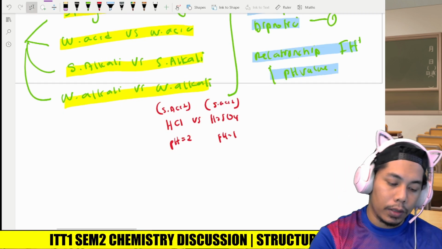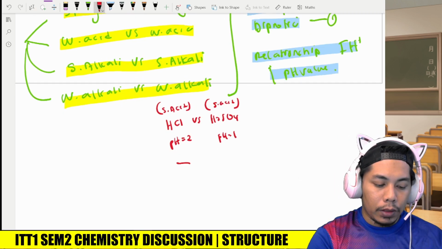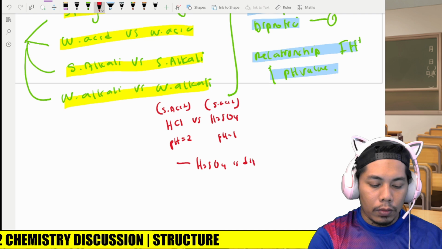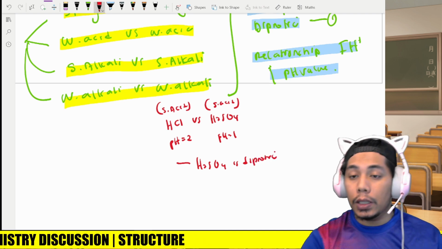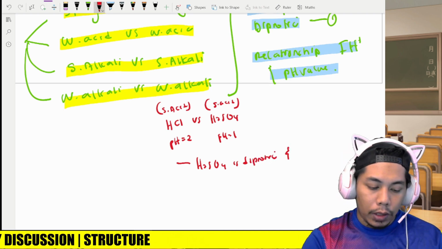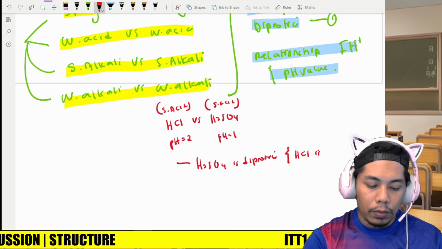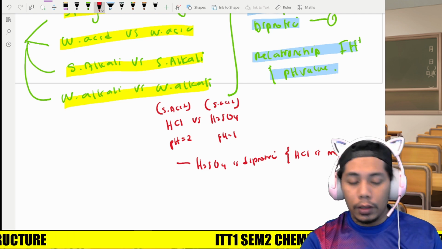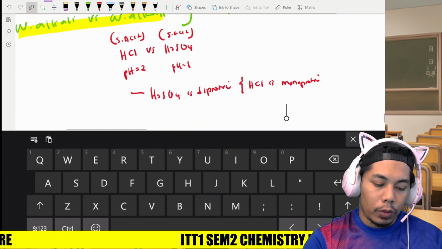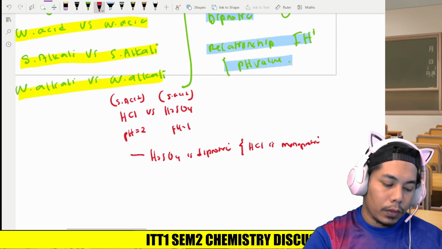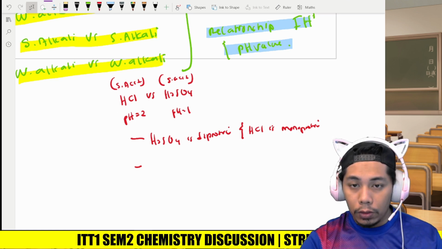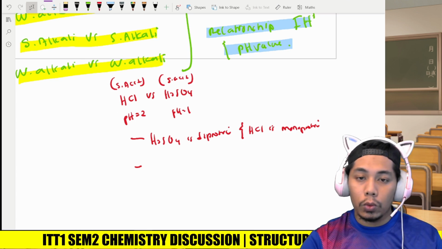So kamu ceritalah dekat sini. Poin yang pertama, H2SO4 is diprotic. Tapi jawapan ni tak lengkap, kan dia cerita dua-dua. And HCl is monoprotic. Monoprotic acid lah and then point yang kedua, bagi tahulah kalau dah monoprotic produce 1 hydrogen ion, diprotic produce 2 hydrogen ion.